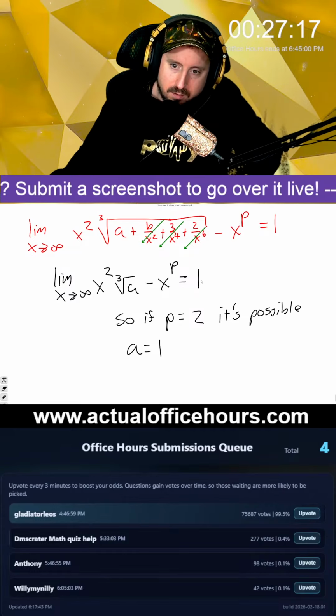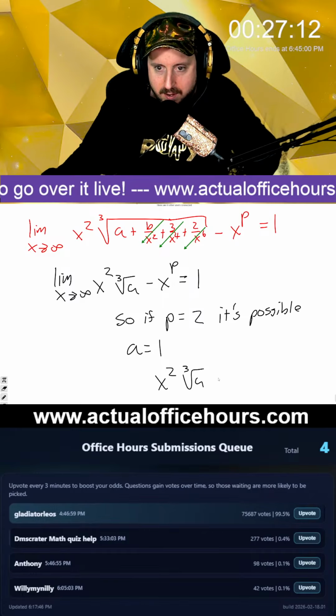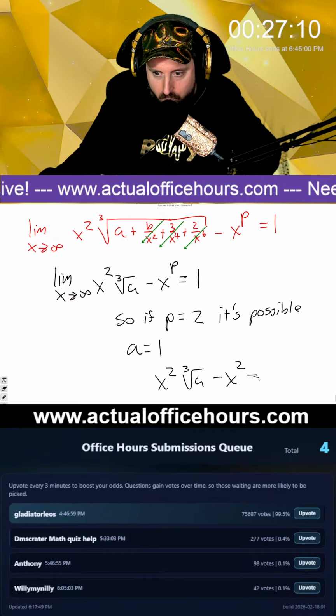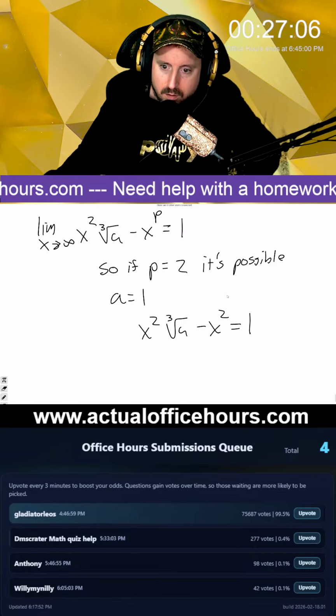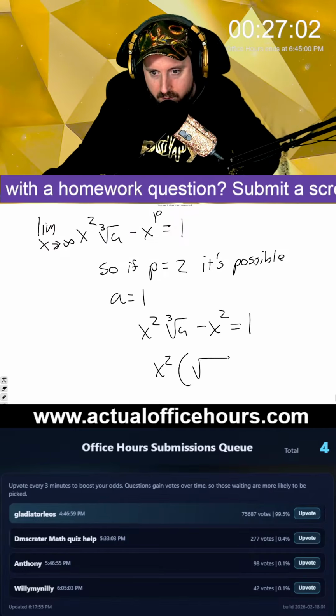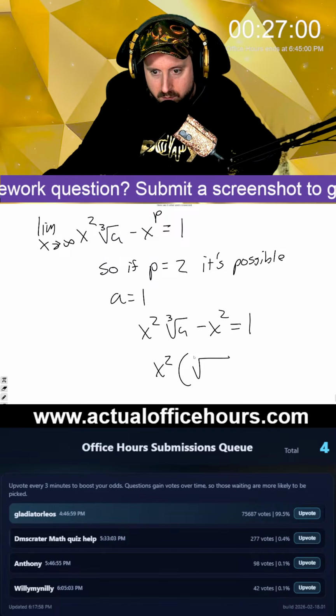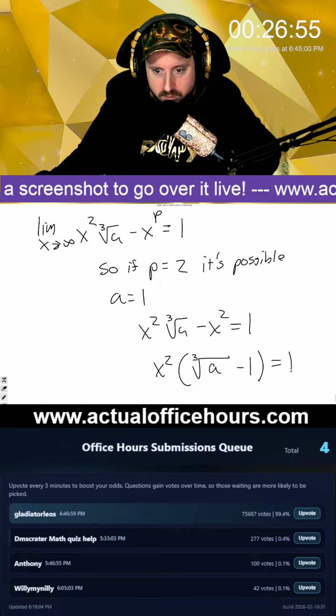Okay, because if p equals 2, then I have x squared cube root of A minus x squared is equal to 1. So that's x squared times the cube root of A minus 1 is equal to 1.